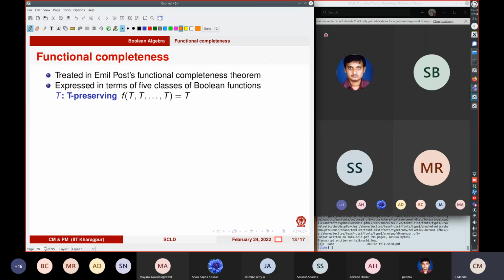So when all the variables are assigned true, then the value of the function must be true. That's called a t-preserving or truth-preserving function.